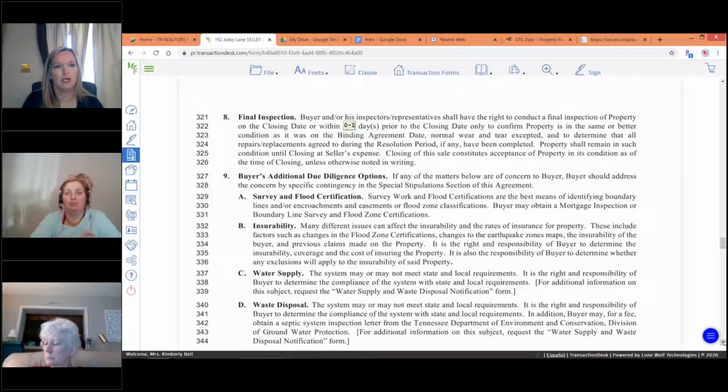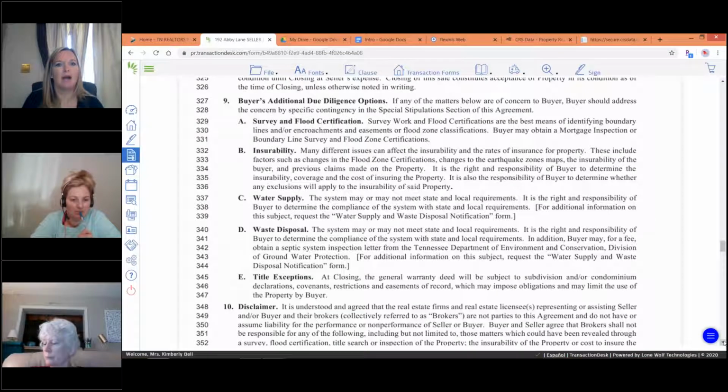Okay. The buyer's due diligence options. If any matters are of concern to the buyer, they should address the concern in a specific contingency and the special stipulations. If they're going to do a survey and a flood certification, or insurability outside of what we've already talked about, maybe an earthquake, or maybe they need whatever.